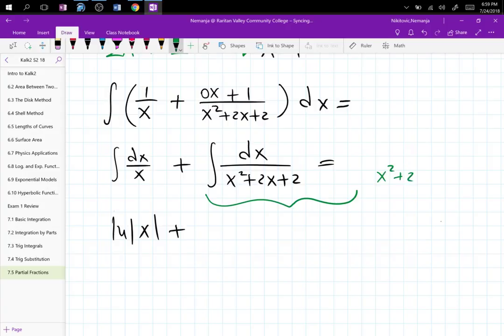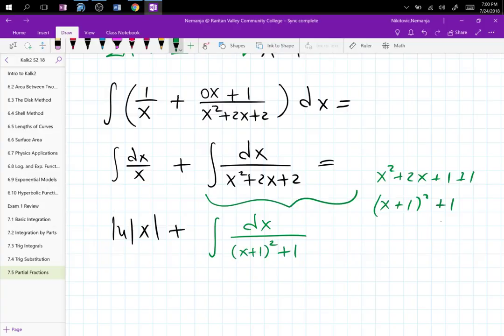x squared plus 2x plus 1 plus 1. I split this way. x plus 1 squared plus 1. Perfect. So my integral turns into the integral of dx divided by x plus 1 squared plus 1.